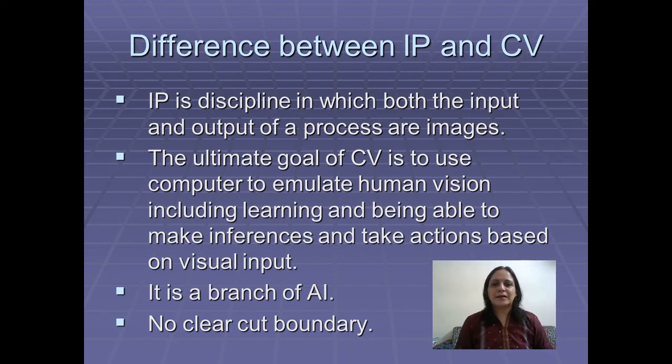And in computer vision, the ultimate goal is to use certain analysis of that image data and emulate human vision, including learning and being able to make inferences. That means you get certain analysis after computer vision techniques are applied on our data, and you require certain visual inputs to be provided to the computer vision system.